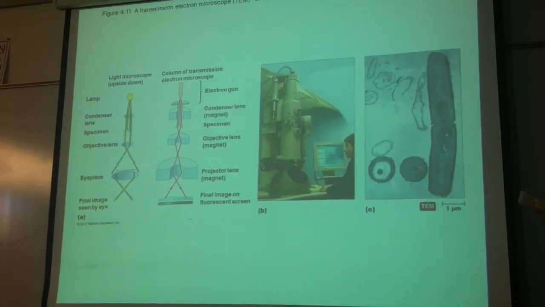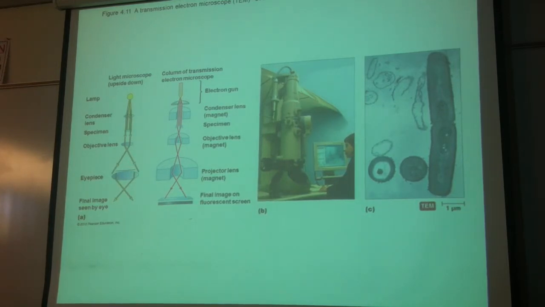Okay. Upside down, light microscope: you have your lamp, the condenser, your specimen, objective lens, eyepiece, finally seen. You see that this is the reverse of what we would use. But this is what happens with the electron microscope: you have your electron gun, condenser, specimen, objective lens, projector lens, and a final image on a fluorescent screen.